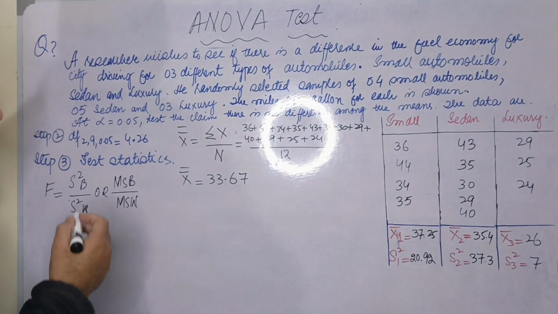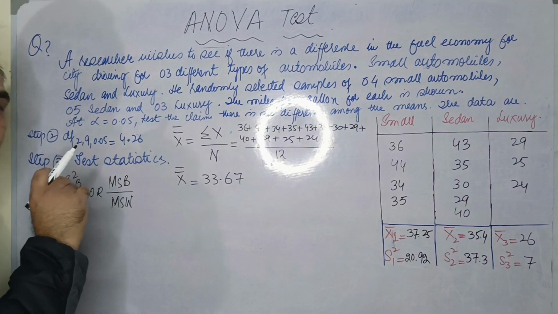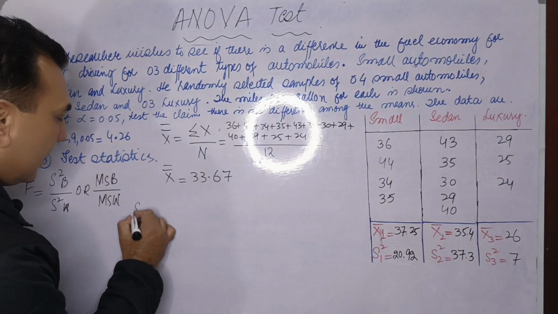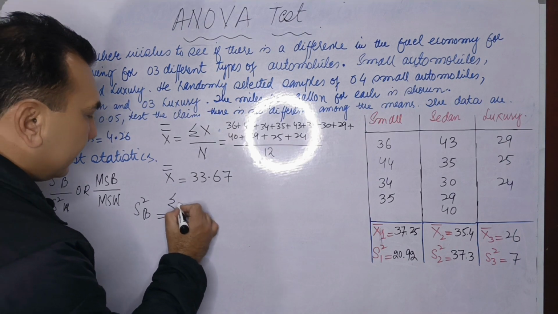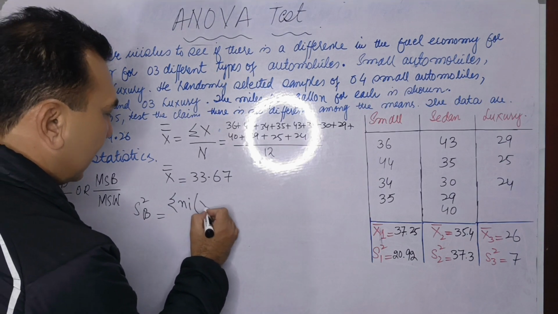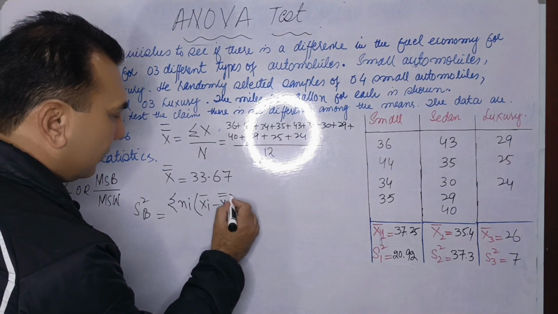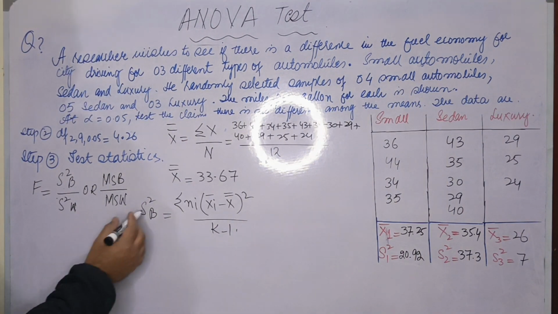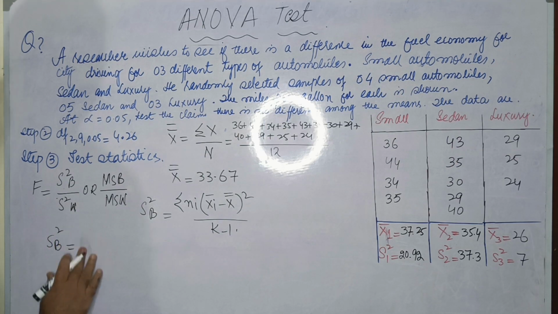Okay, now for the formula, we will find the variance between the groups, s_B square. What was the formula for that? Sum of n_i times (x_i bar minus x double bar) whole square, divided by k minus 1. What is the n?